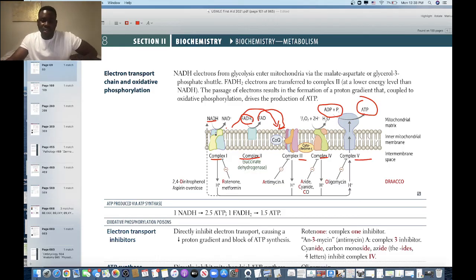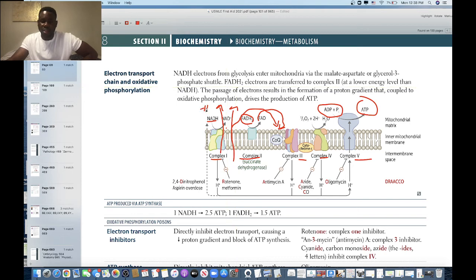Now anytime complex 1 gives off its NAD, the H pluses are positively charged, right? They move from here and come here. So we'll have a lot of H pluses coming out here.